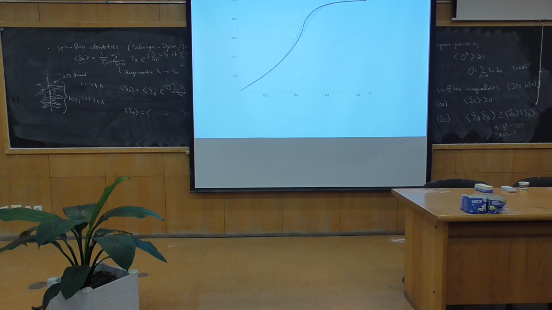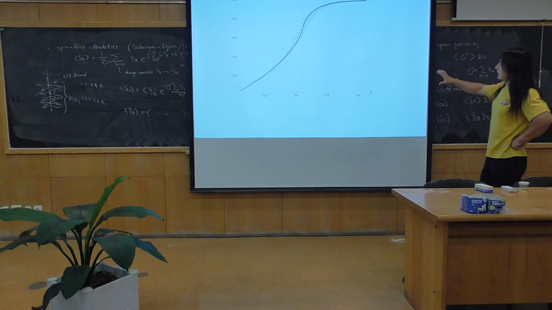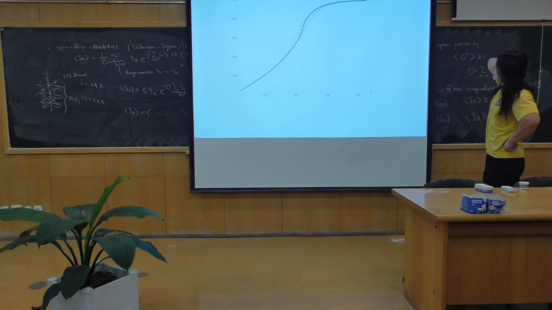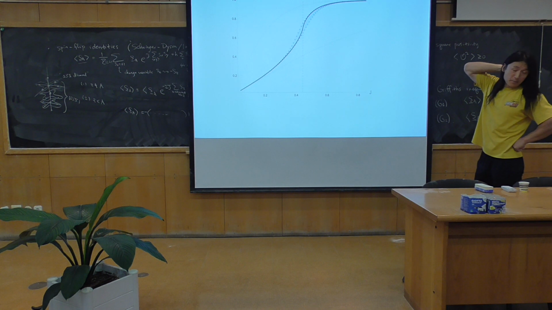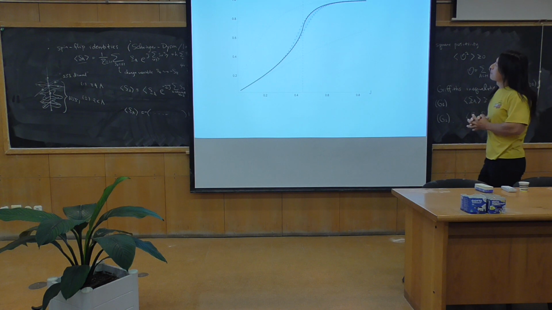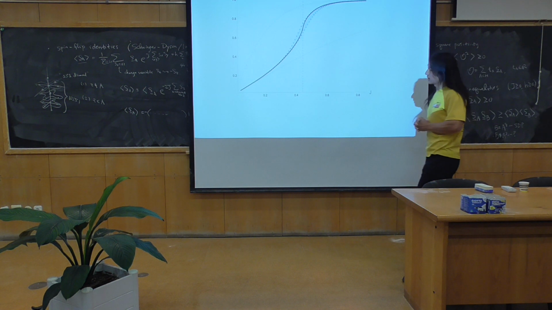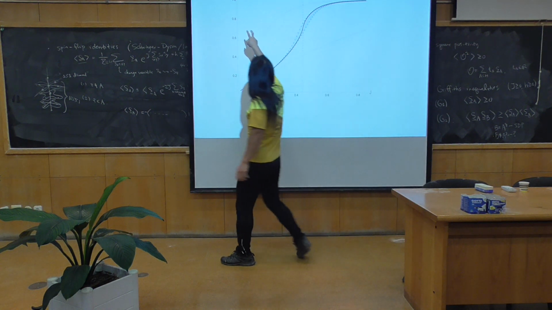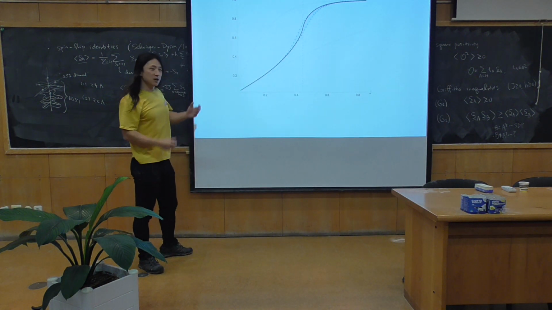Okay, so here's the result in 2D. This is the result for the 2D Ising model at 0 magnetic field, a solvable model, just as a test of principle. We're considering the 2-spin correlator at adjacent sites.